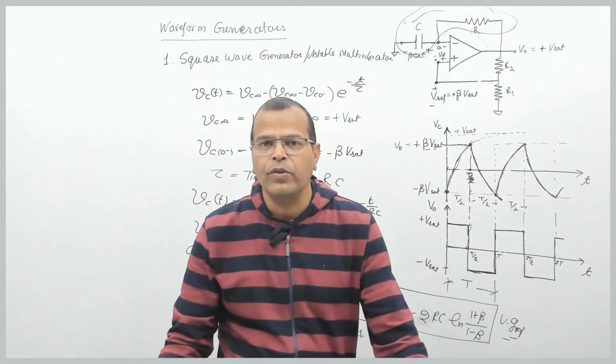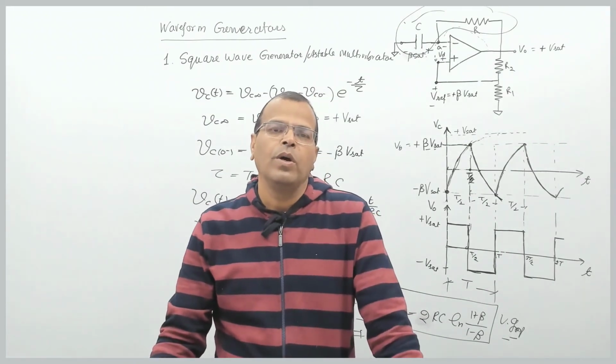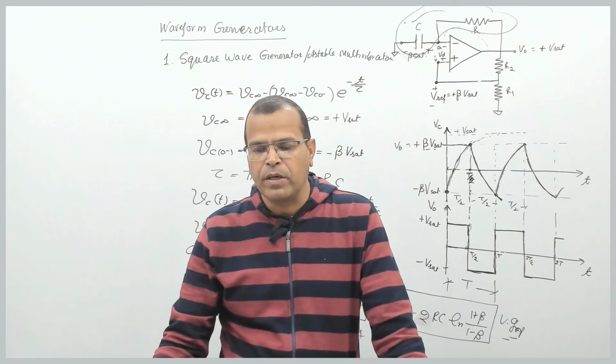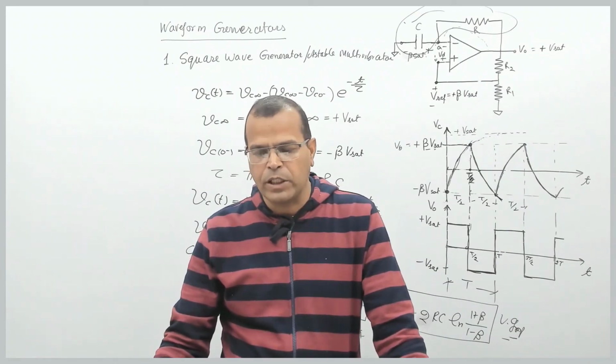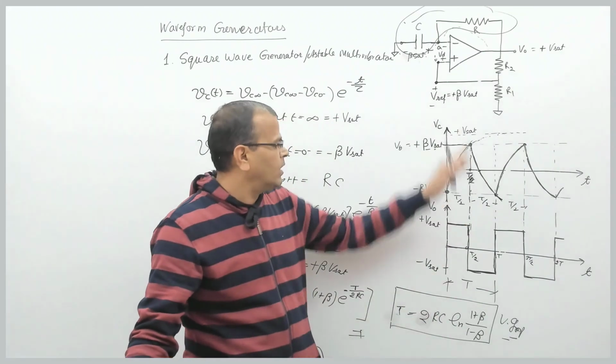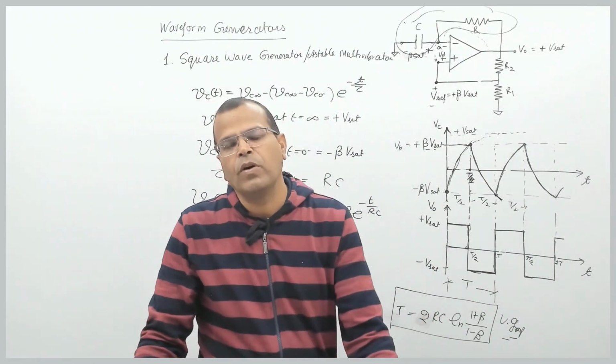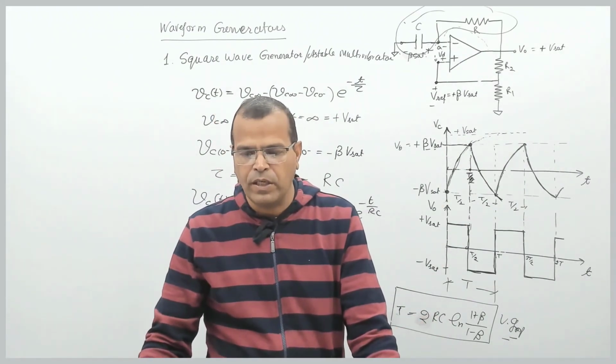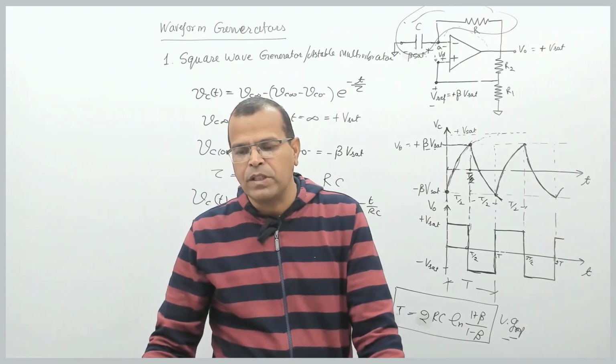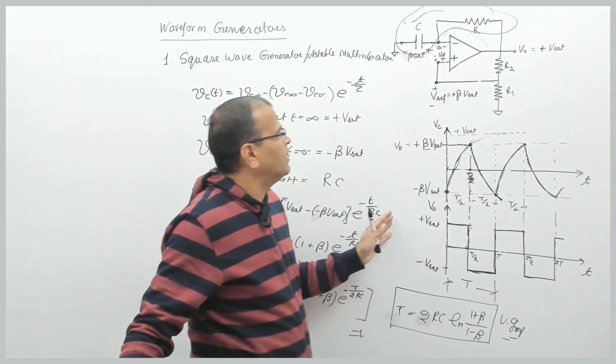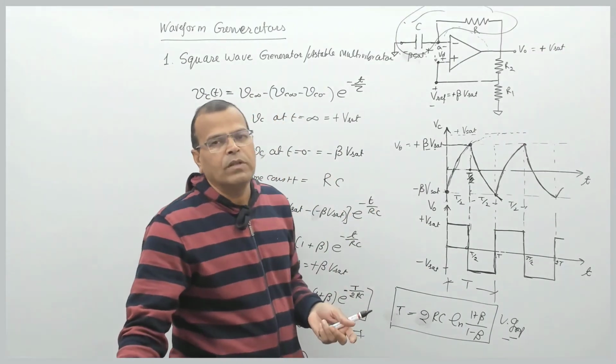In the next video we will be talking about the monostable multivibrator, but there can be questions based on this expression. You may be given this circuit and asked the time period or frequency of the square wave, right? So just remember this topic, this is important. We will see an example based on this circuit first, and then we will start with the next topic.